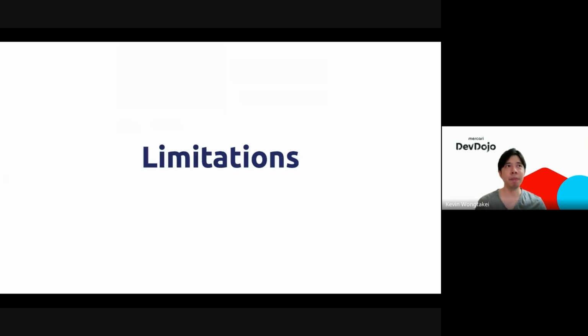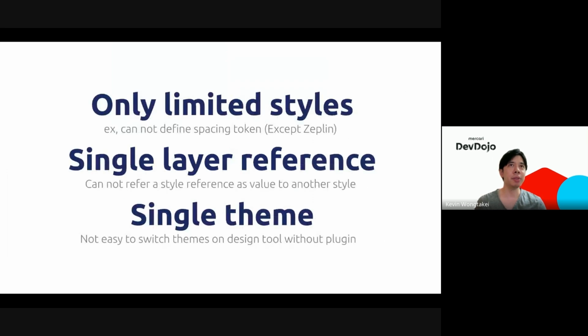Of course, these modern design tools also have some limitations. For example, there are certain styles that you cannot define as tokens, like spacing, for example, the difference between the left component and the right component. There's some space, but can we inspect what is the actual token? This is a little bit hard still. We cannot reference one style as part of another style.